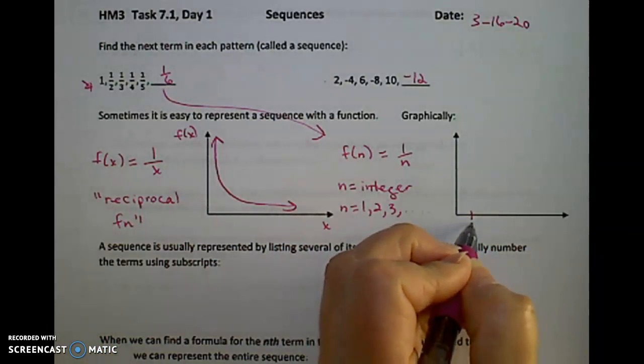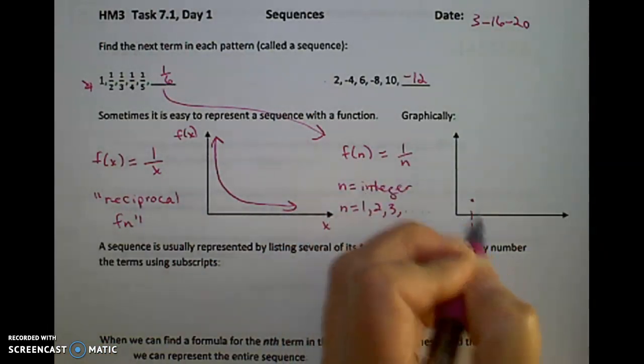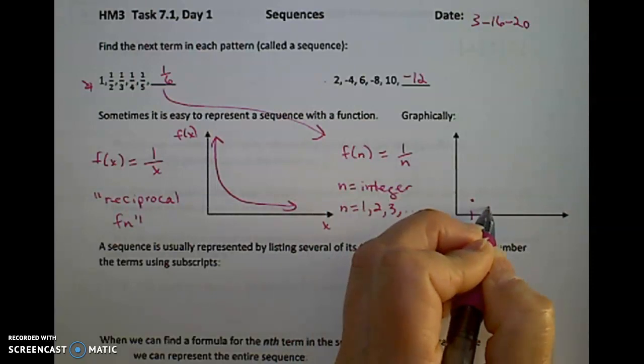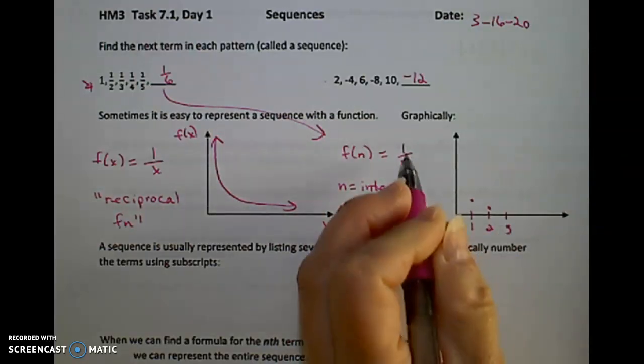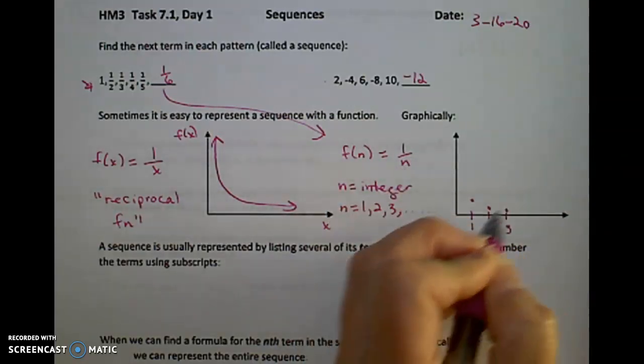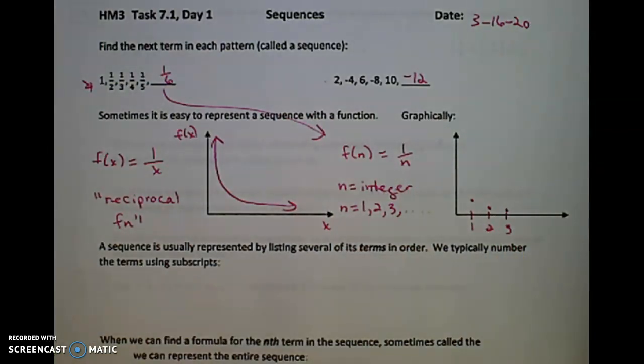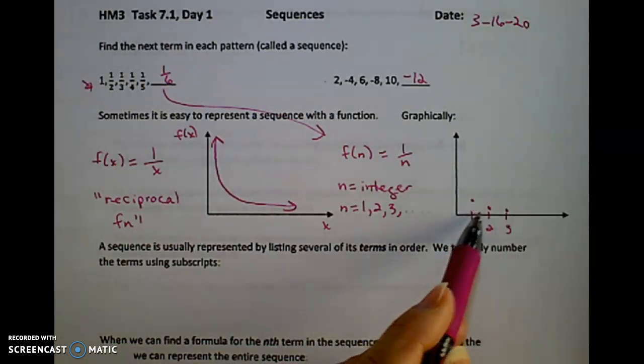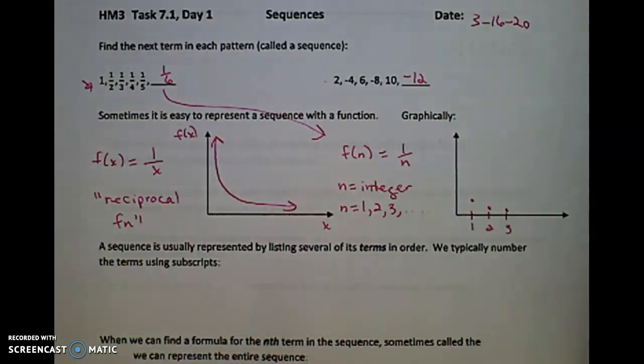So when I input 1, 1 over 1 is 1. When I input 2, 1 over 2 is 1/2. When I input 3, 1 over 3, my output is 1/3, but I would not connect those dots for a sequence. We used to call this a discrete function back in Honors Math 1. I don't plug in anything in between, just those positive integers for a sequence.